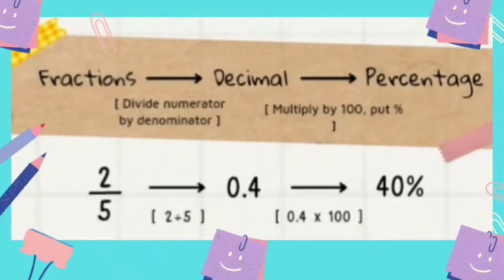Converting decimals to percentages, what do you do? Multiply by 100. So if you want to convert from decimal to percentage, or from fractions to percentage also, just multiply by 100.